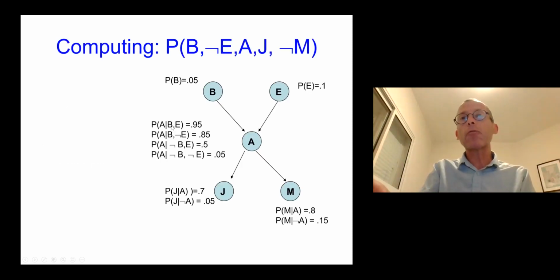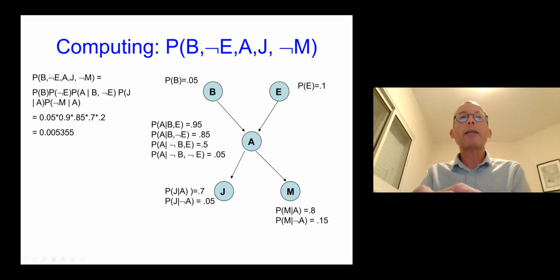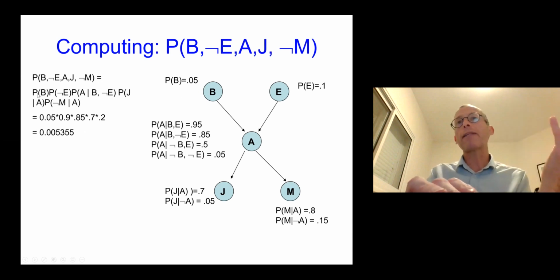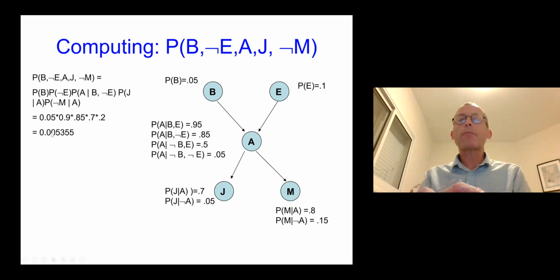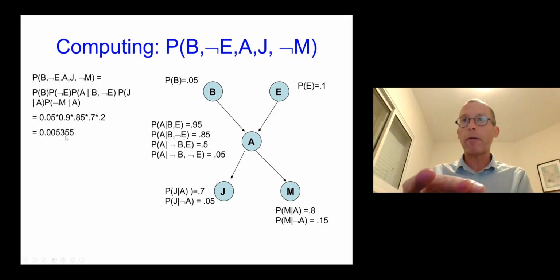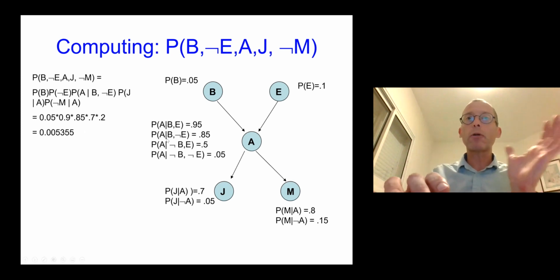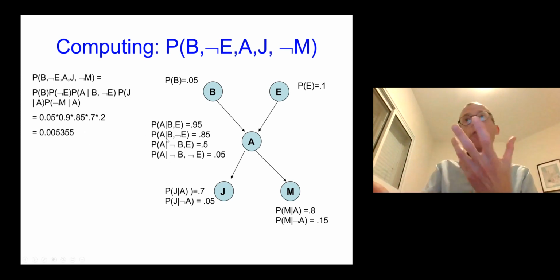We can just look at the network and take the joint, which is just the product of each node conditioned on its parents. B and E don't have parents, A has 2, and so forth. This gives us the probability of observing this set, using the conditional probability tables that we computed. That's pretty easy.